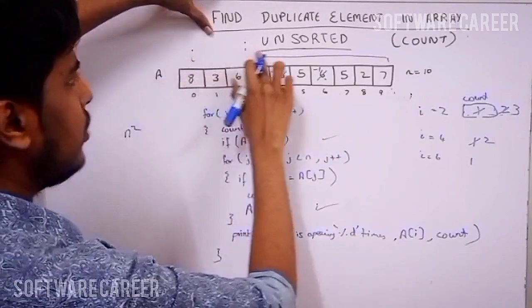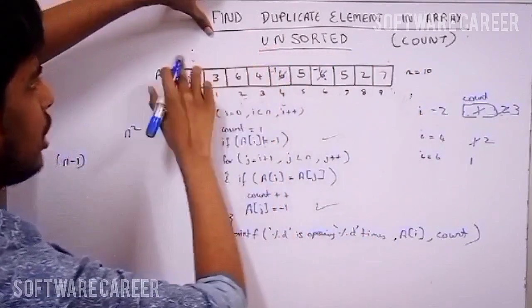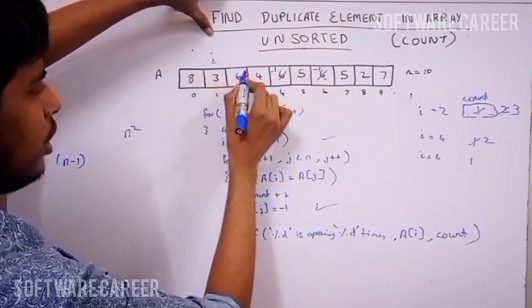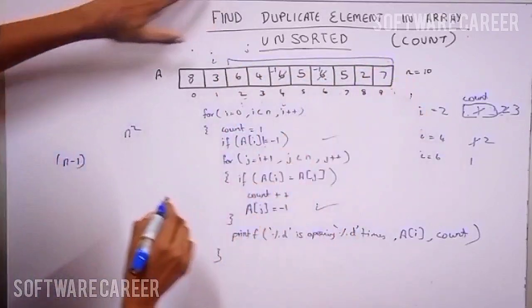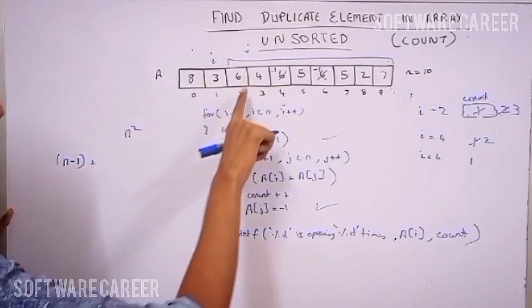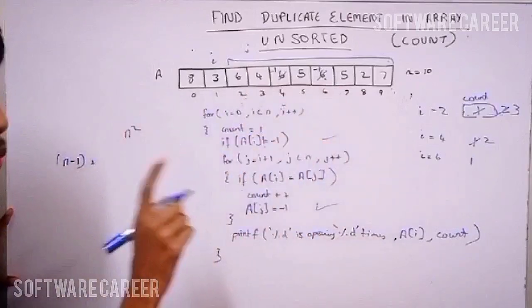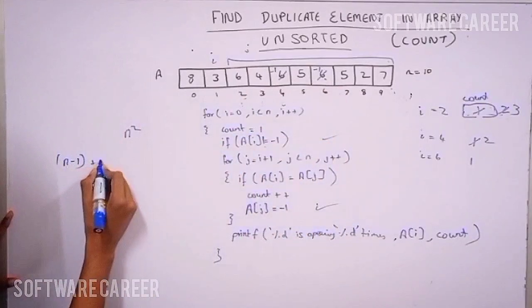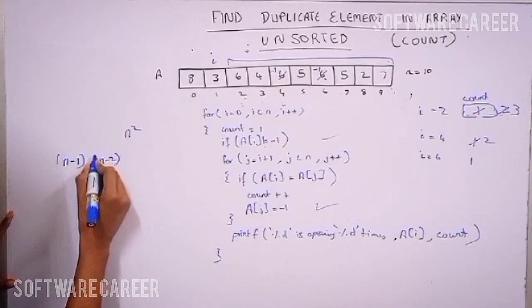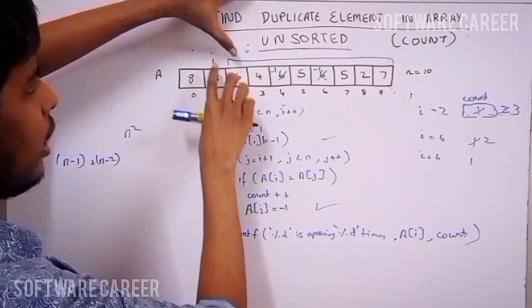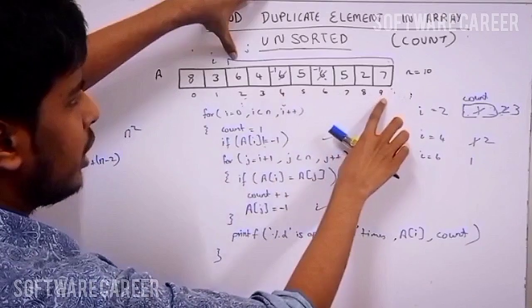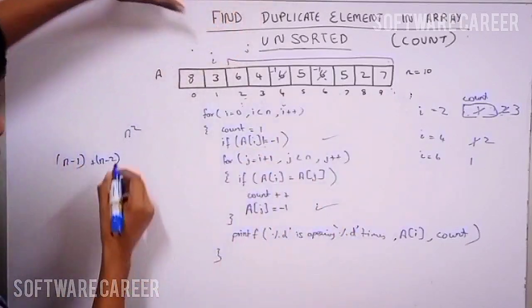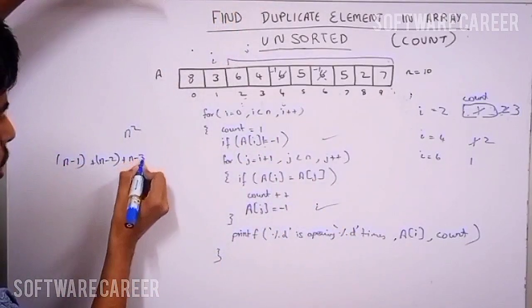Then when the i value is increased by 1, and j is from 2 to 9, the number of travels for j is n minus 2. So first n minus 1, then n minus 2. Then again i moves to the second index, j moves from 3 to 9, then it will be plus n minus 3 times.